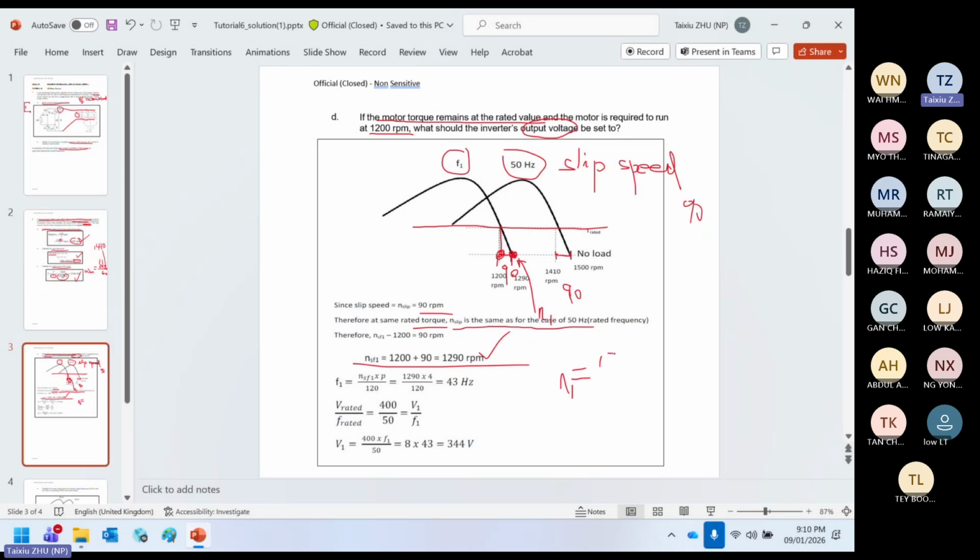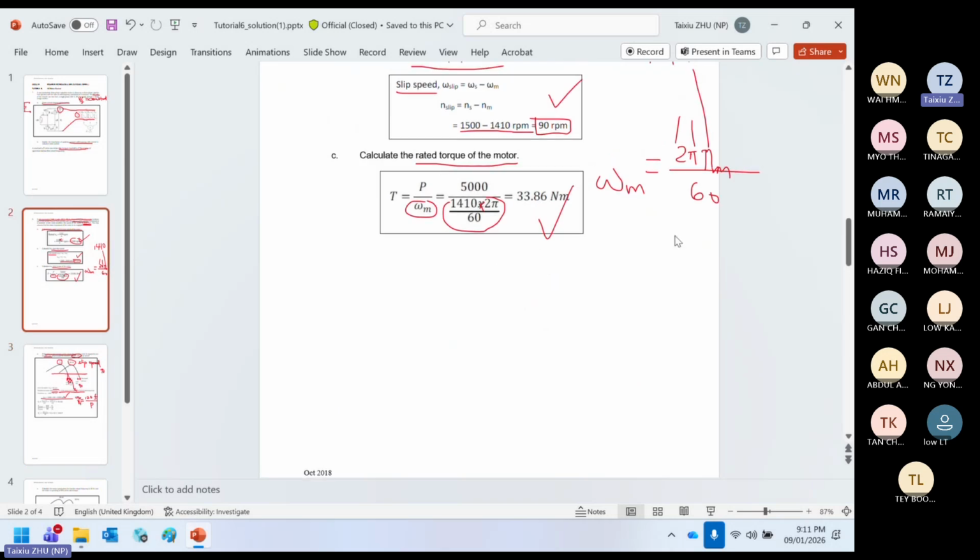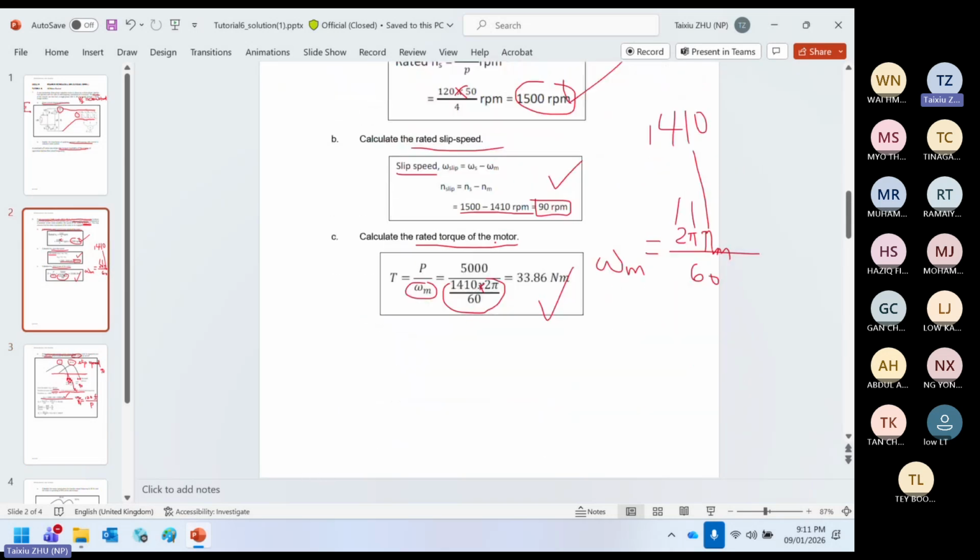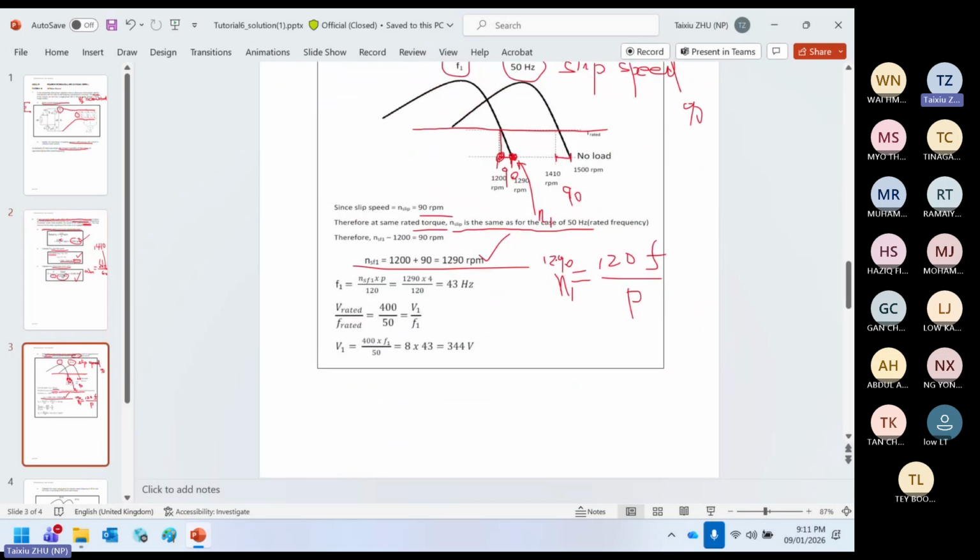Remember this formula, 120F over P, correct? This one we know, 1290. How many poles? 4, right? The question says there are 4 poles, written here. So I sub the 4 poles here. Then cross times. Now my goal is to find the frequency, correct? Then from here you can get it, 43 hertz.